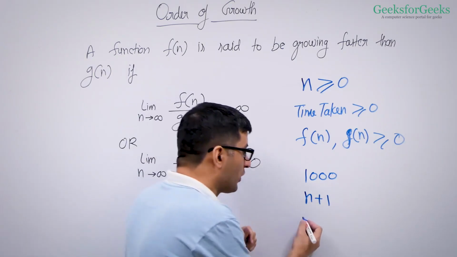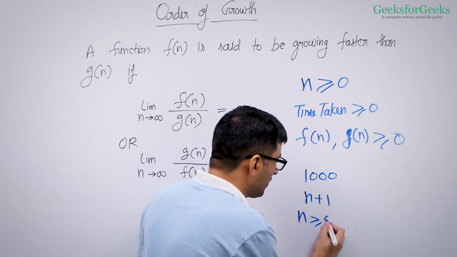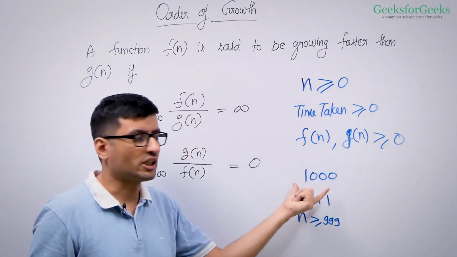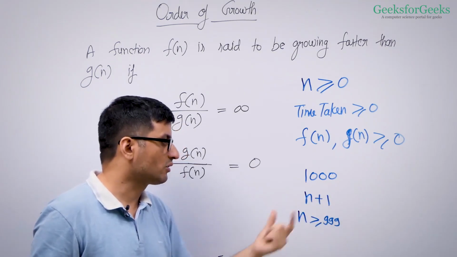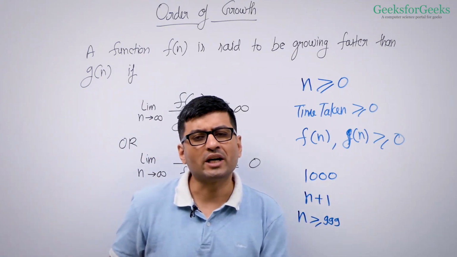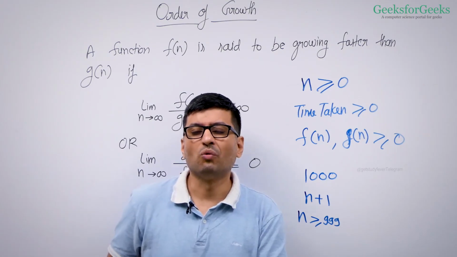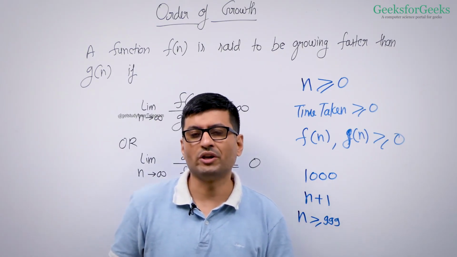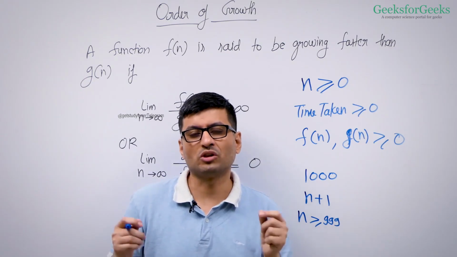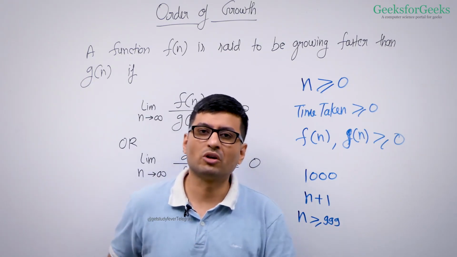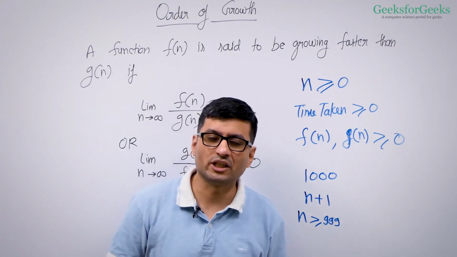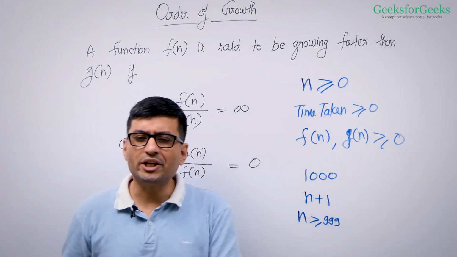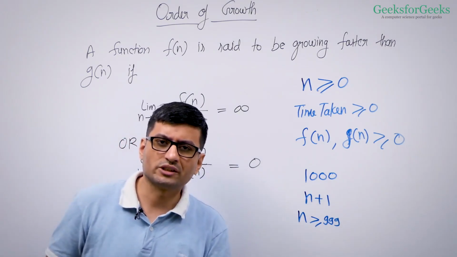We saw that only when n becomes greater than 999 does the second algorithm start taking less time. Now imagine an environment where your n never reaches more than 999. Then your constant program would never lose to your friend's program. So that's a limitation of this order of growth analysis.